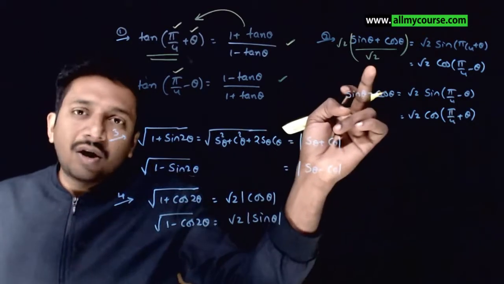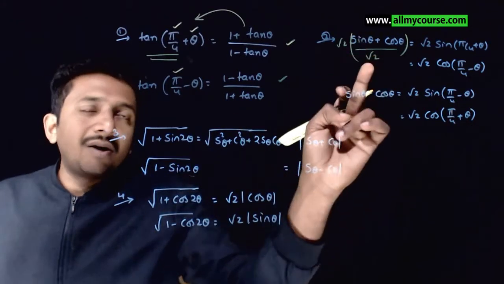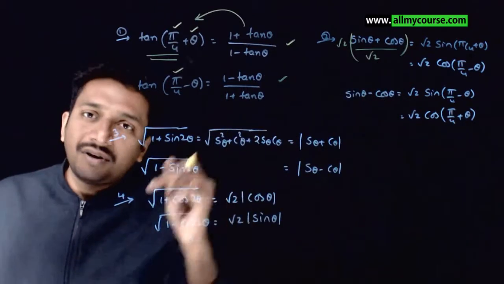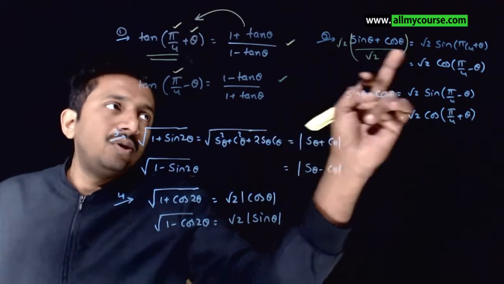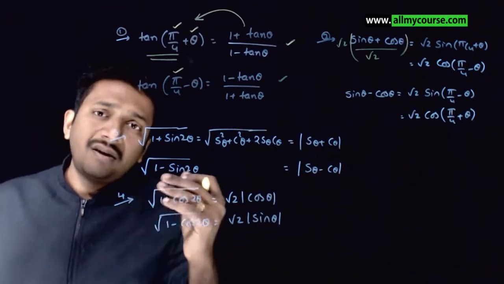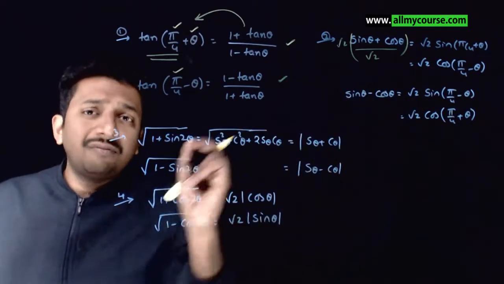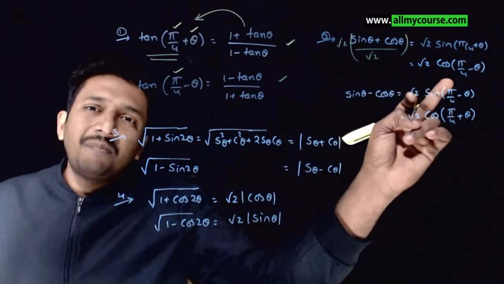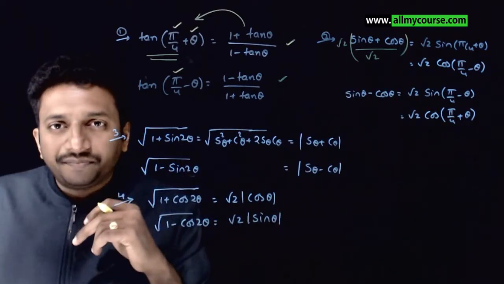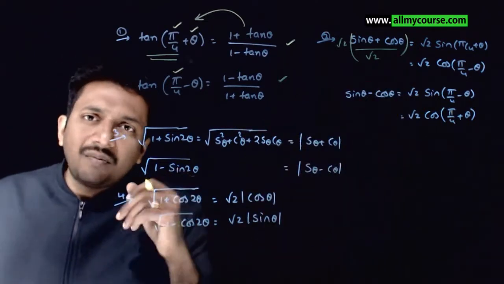So sin θ cos 45 + cos θ sin 45 is sin(45 + θ). So I can write it as root 2 times sin(45 + θ), or if I convert it into the form of cos, I can write root 2 times cos(π/4 − θ). Both of them are valid.